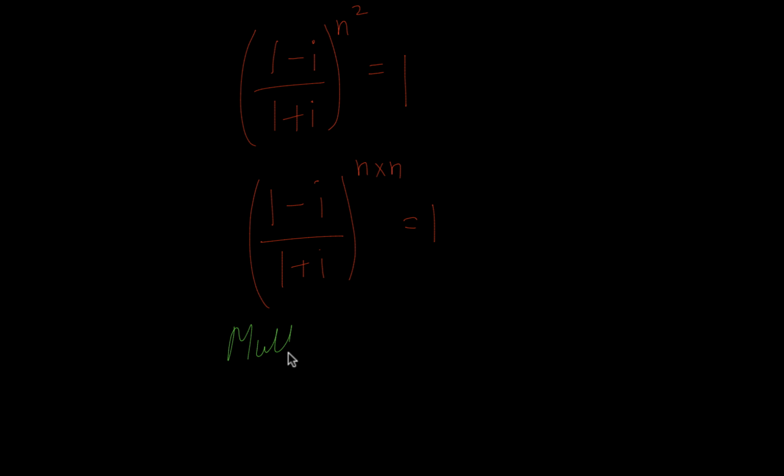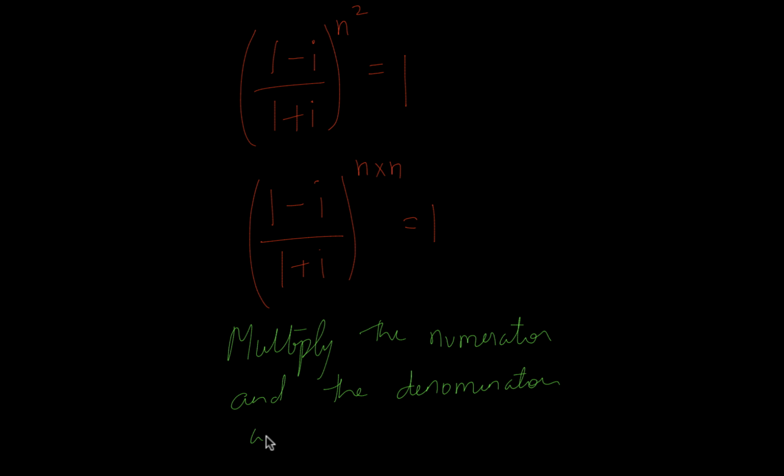So multiply the numerator and the denominator with 1 minus i.